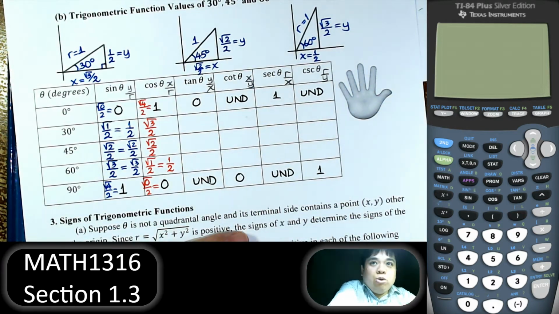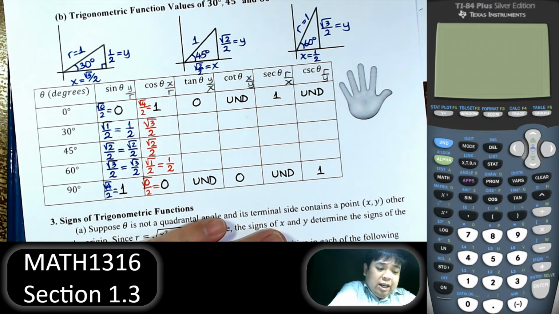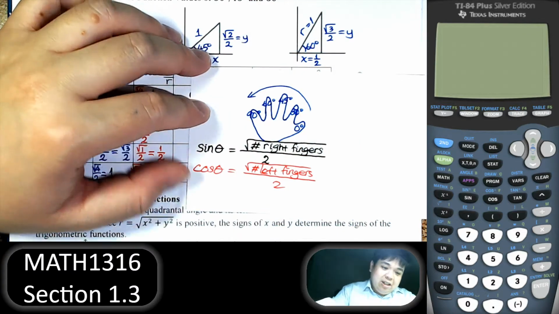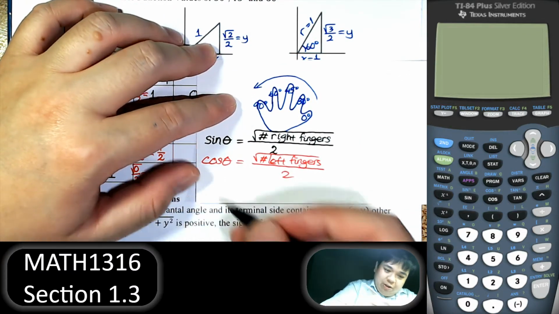Right. So we use the hand trick. It gives us sine, cosine easily. They'll say, how about tangent? Well, tangent is a little more difficult.